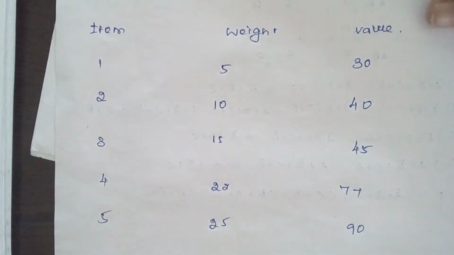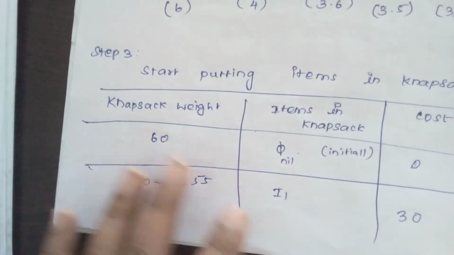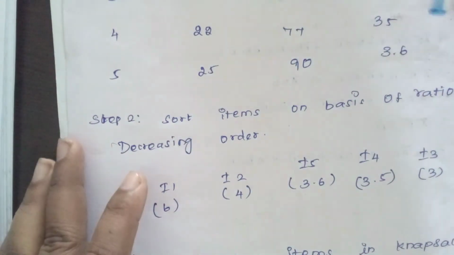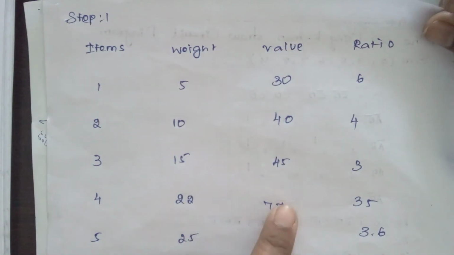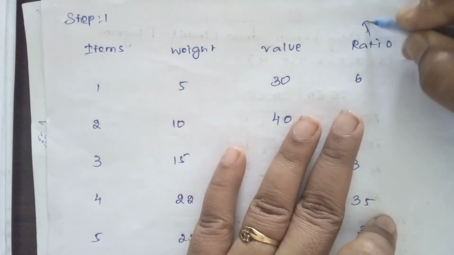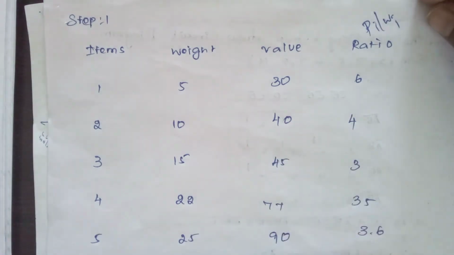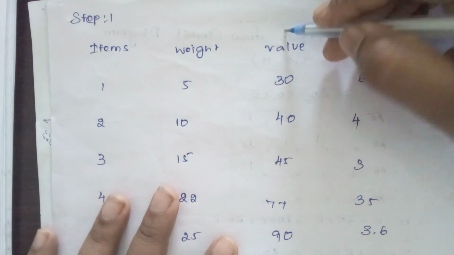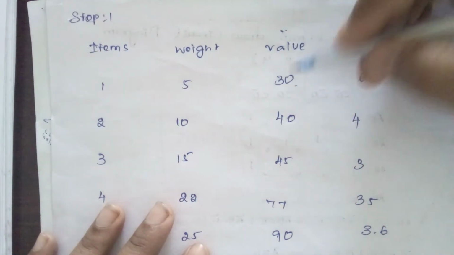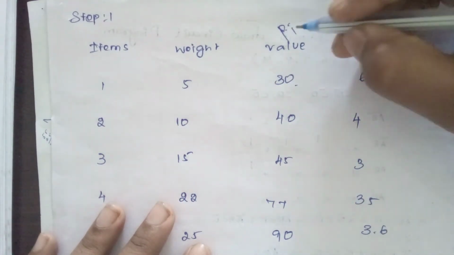Okay, you have to solve this one. Same method only. Before that you have to find items, weight, value, ratio, that is Pi/Wi. Value means nothing but profit here.